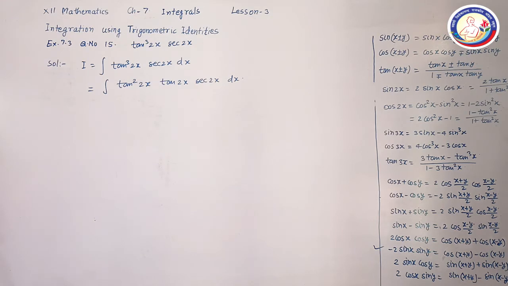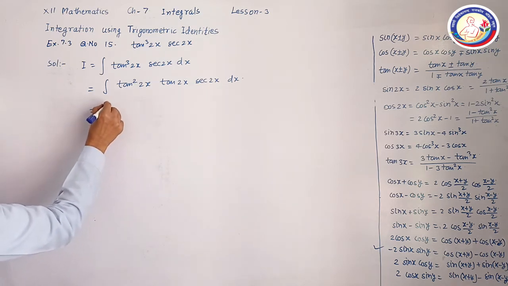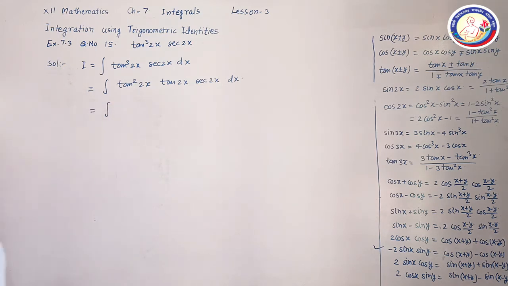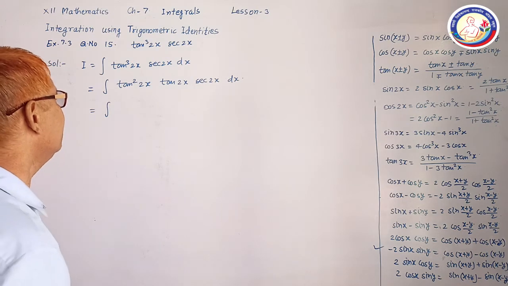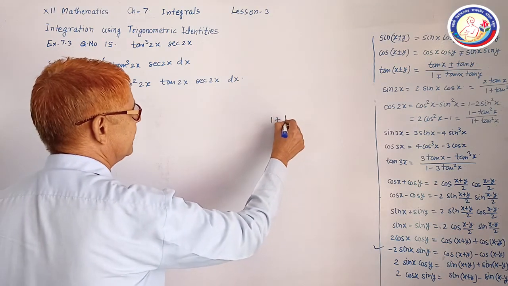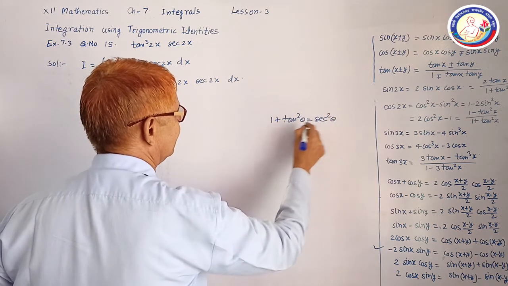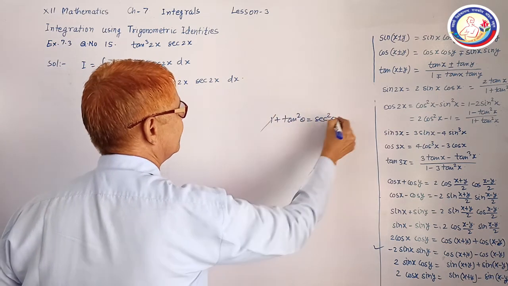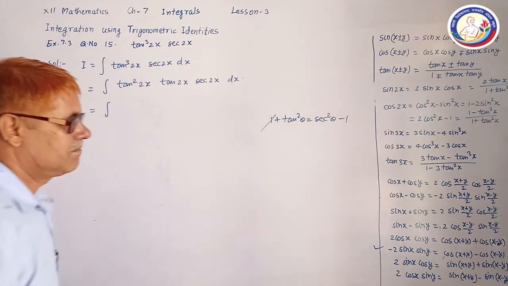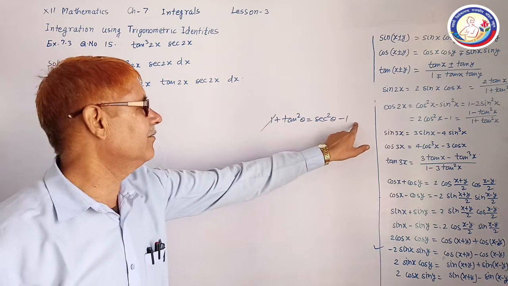Put sec 2x equal to t. Before this, change also the second function. So I can write using the second fundamental identity, that is 1 plus tangent square theta equal to sec square theta. Using this one, from here it is shifted towards the right hand side, it will be minus.